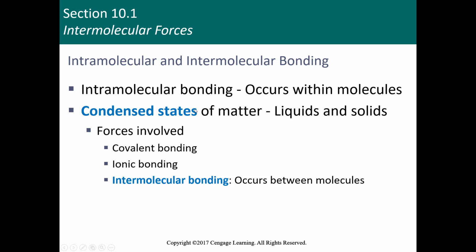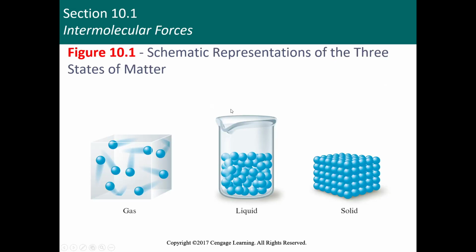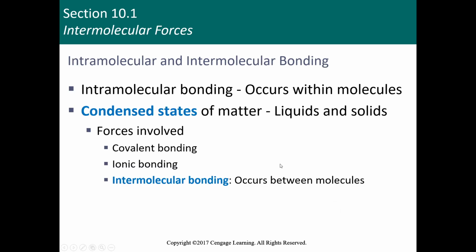The condensed states of matter are going to be the ones that are condensed. They are together, right? They are more dense. And so those are going to be liquids and solids. These state of matter and these connections that are going to cause these states of matter are actually going to be certain forces that we need to talk about.